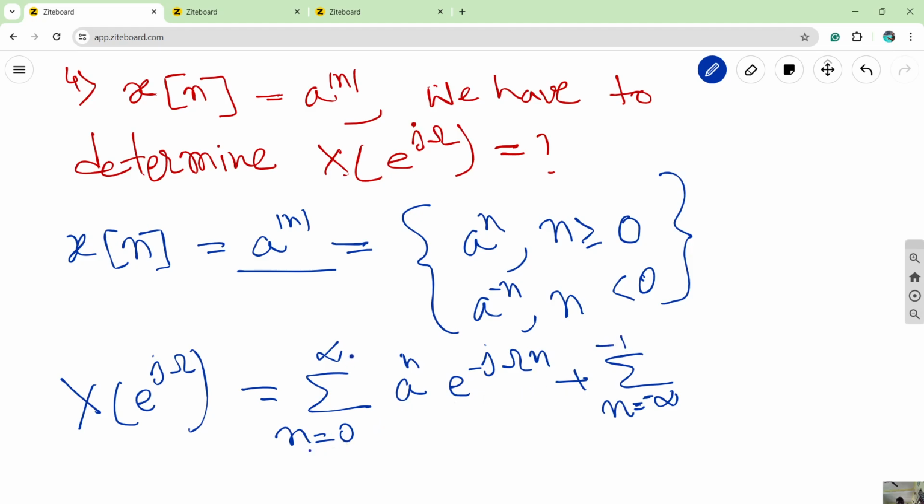One is from 0 to infinity and the other is from minus infinity to minus 1. We are writing it in that way, and for this it is a e to the power j omega to the power minus n.